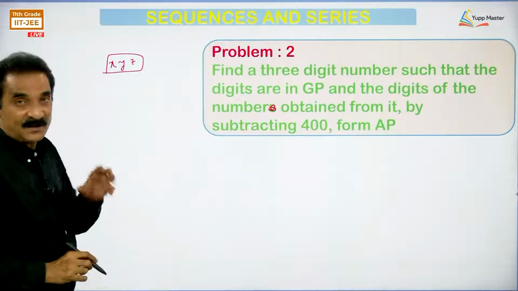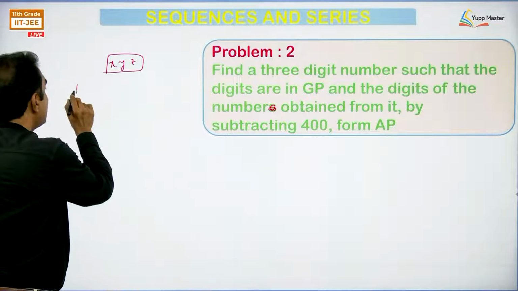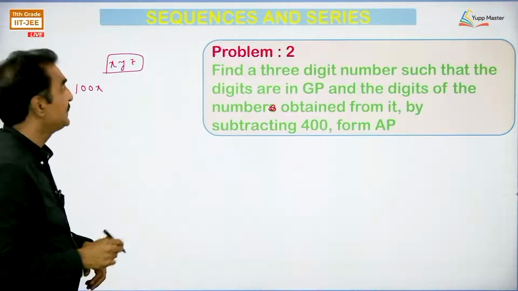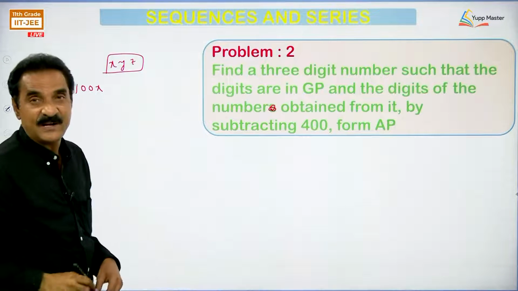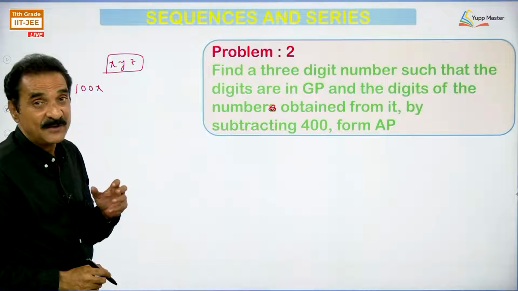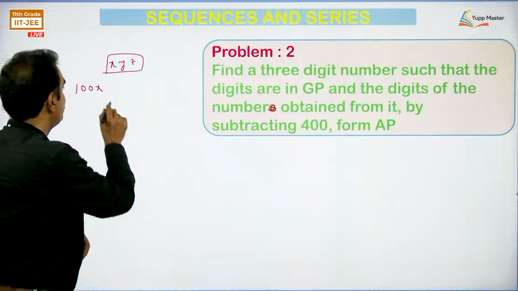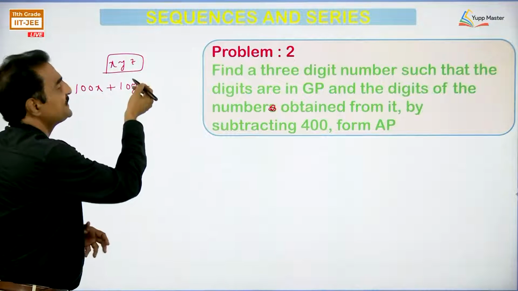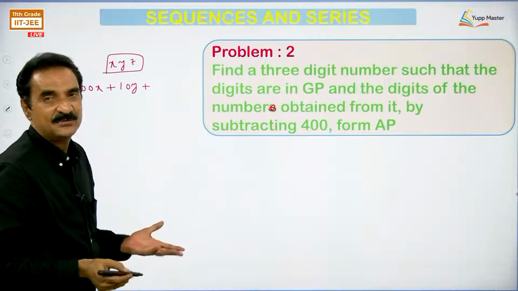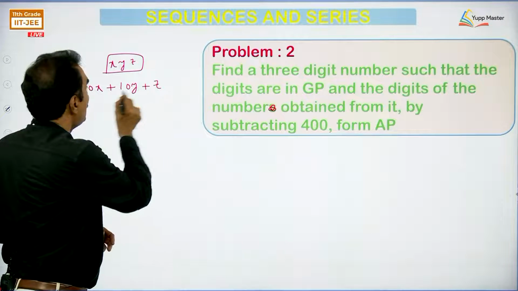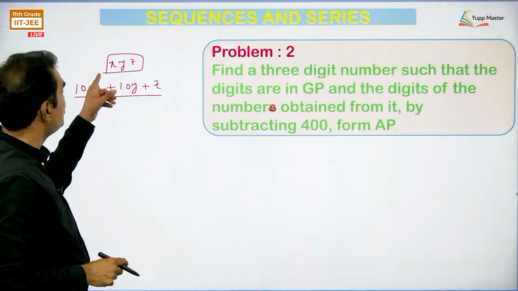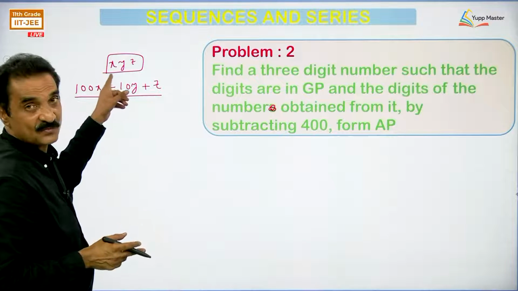Since x is in hundreds place, x contributes the value 100x to the number. Since y is in tens place, y contributes the value 10y to the number. z is in units place, it contributes the value z. So this is the value of the 3-digit number when the digits from left to right are x, y, z.